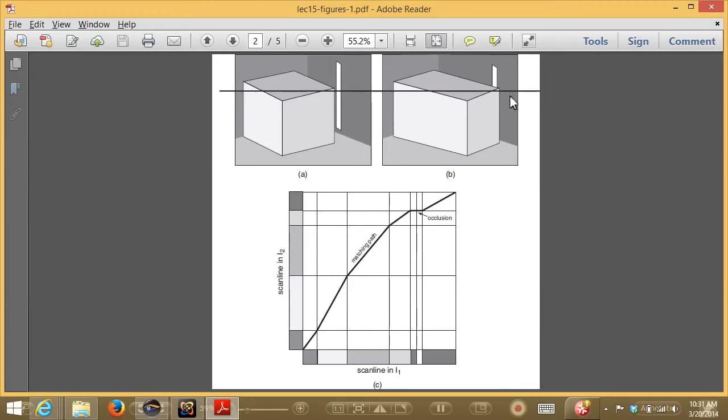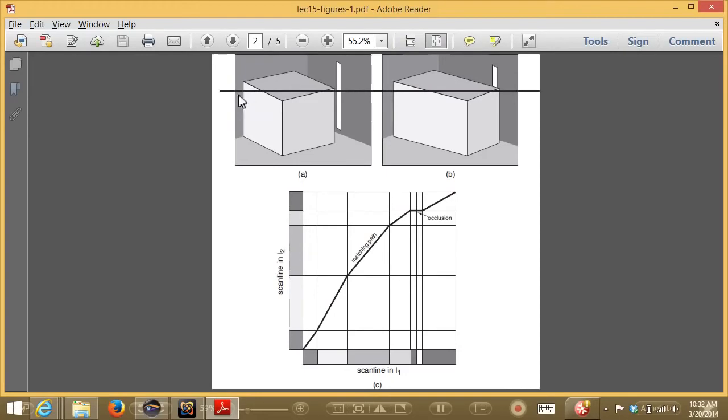But I can imagine that I want to match this entire scan line to this entire scan line over here, right? And how would I do that? Well, one way you can think about doing this is dynamic programming, right? The idea being that I can represent a matching by a path that goes from the lower left-hand corner of this graph to the upper right-hand corner, right?